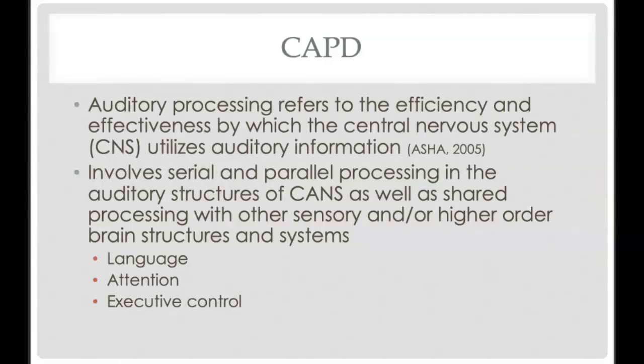So auditory processing refers to the efficiency and effectiveness by which the central nervous system utilizes auditory information. I always say it's what the brain does with what we hear. It involves both serial and parallel processing, meaning one auditory structure after the next, but also things that happen in parallel.